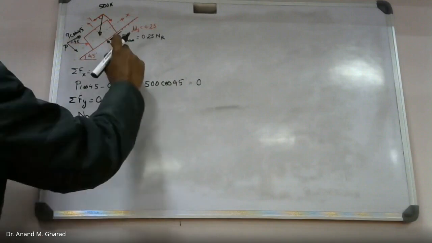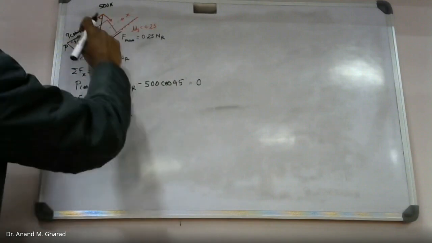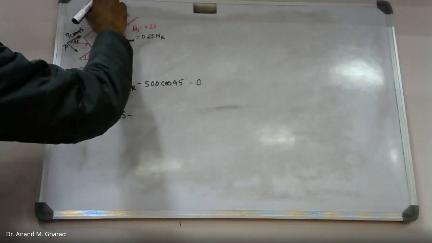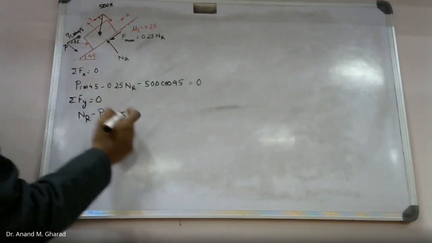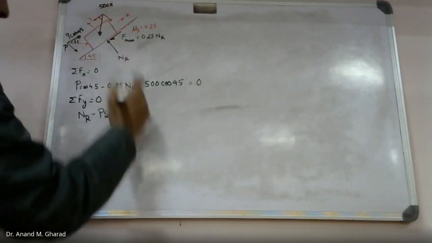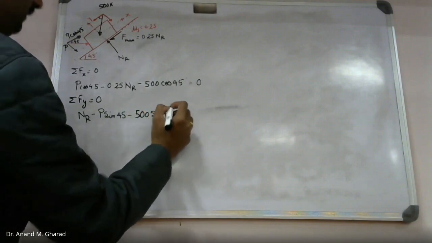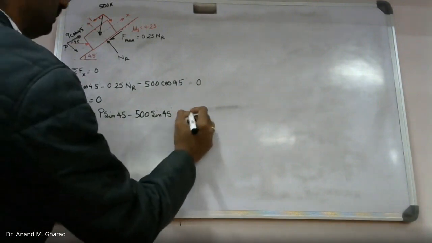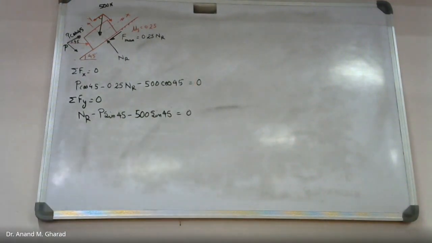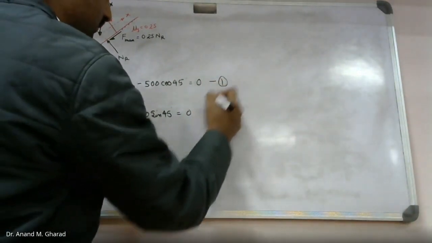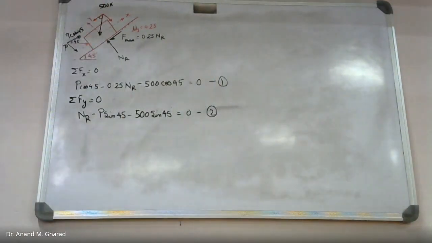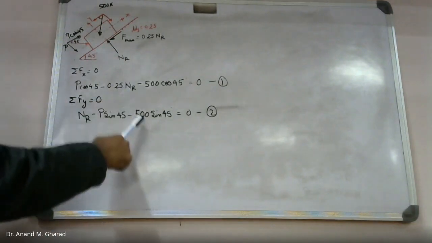The second equation shall now be NR positive minus P sine 45 and minus 500 sine 45 equal to 0. Correct? This is equation 1, equation 2. You solve these two equations.